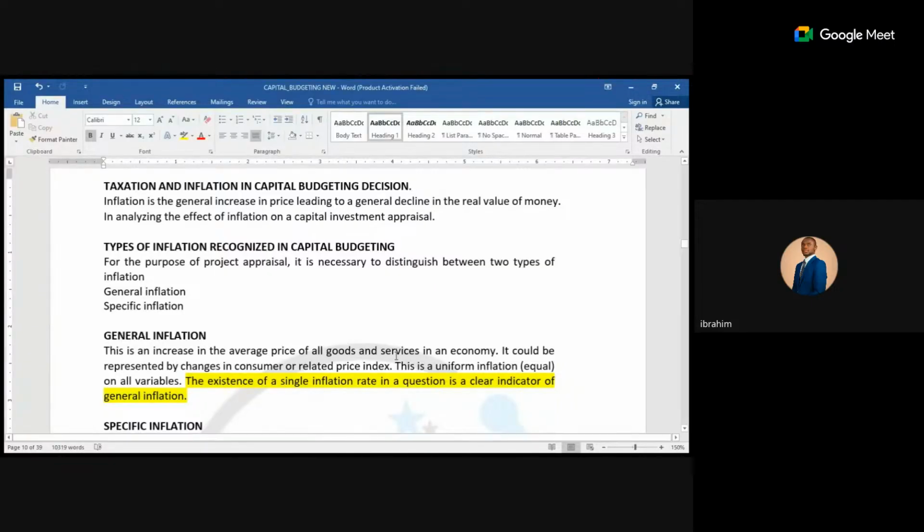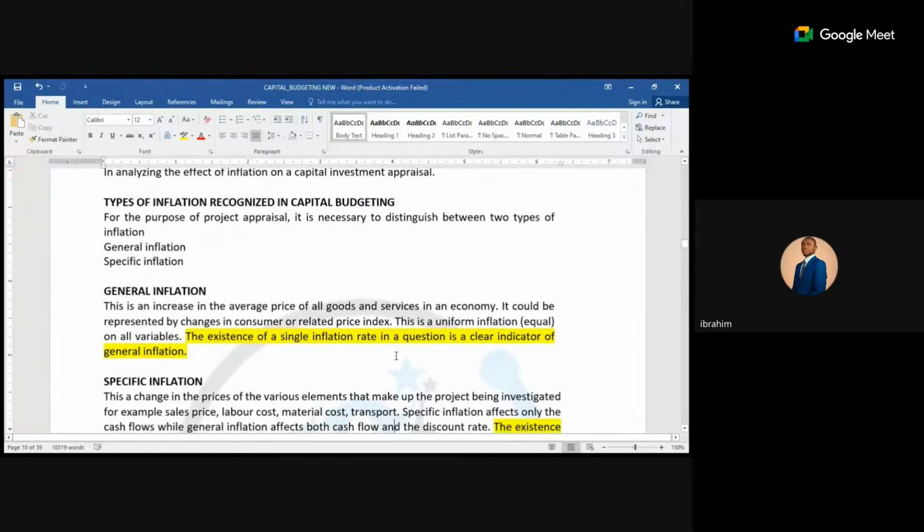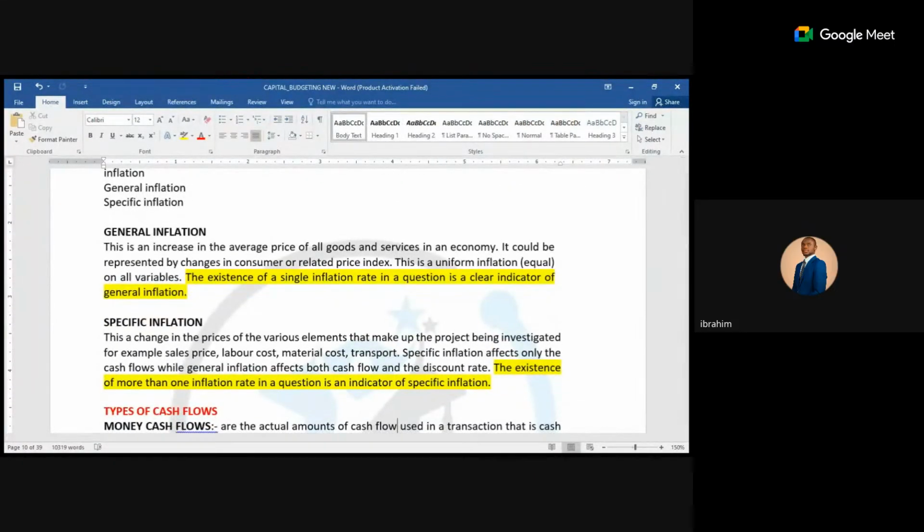As we all know, inflation is a persistent rise in the general price of goods and services. Now, as a project finance manager or as a financial expert, when they want to embark on a project, you should be able to predict what the inflation will be.